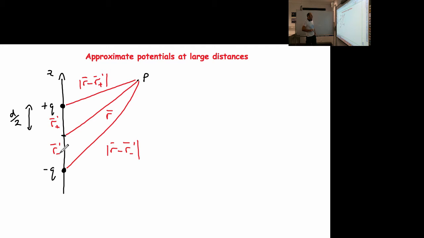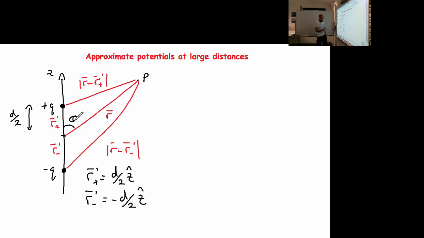So now we can write out our primes. R prime plus would be equal to d over 2 z hat, and for the negative, it would be equal to minus d over 2 z hat. Now the angle that our vector makes with the z-axis is theta.